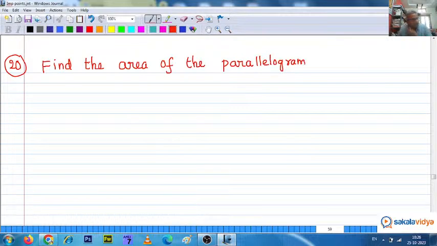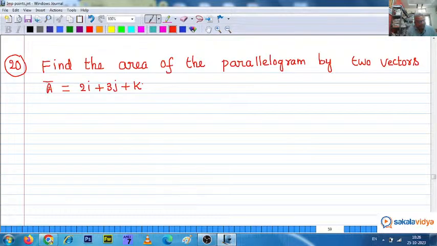Area of the parallelogram formed by the two vectors, A bar equal to 2i plus 3j plus k, and B bar equal to i minus 2j plus 2k, as two adjacent sides.